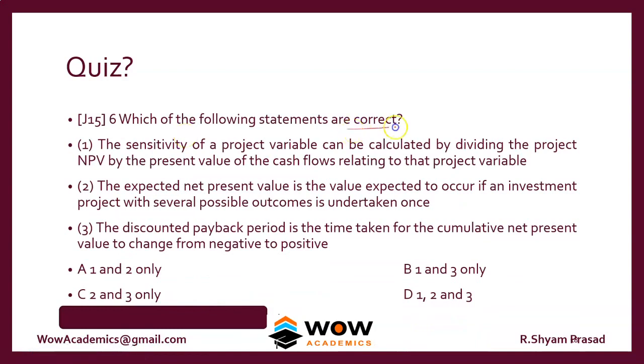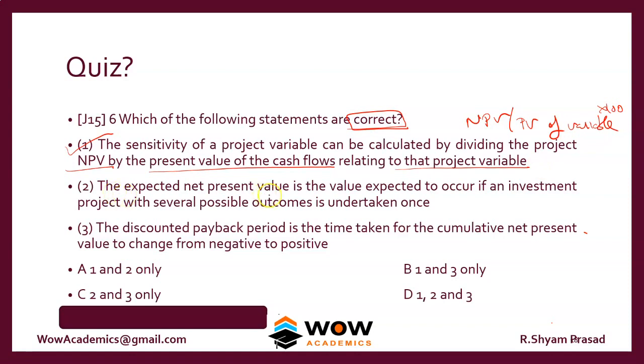So we have another quiz. Which of the following statements are correct? The sensitivity analysis of a project variable can be calculated by dividing the project NPV by the present value of the cash flows relating to that project variable. Is it right? Yes, that is the formula. NPV divided by the present value of that variable, multiplied by 100, has to be there, but that's not given in the question, but still it's right.